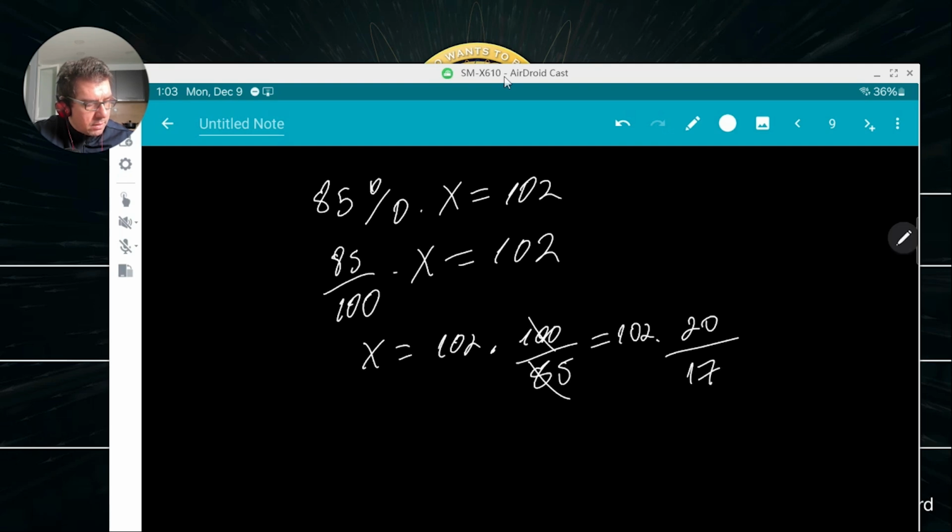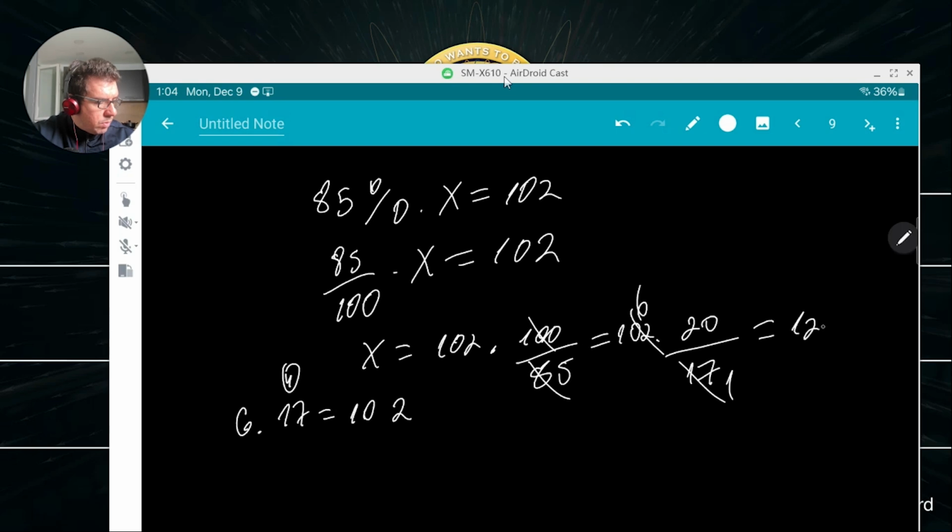Yes, it's 17. And then is 102 divisible by 17? Well, what number times 17 would give us 102? Is it 6? 6 times 17, 42. We retain 4. 6 times 1 is 6 plus 4 is 10, so 102, yes. So this is 6, this is 1. And 6 times 20 is 120.